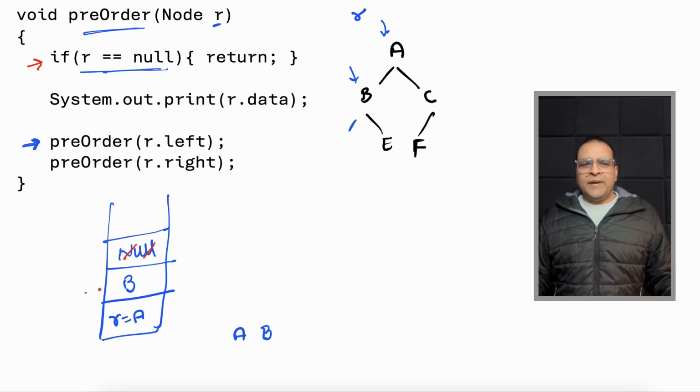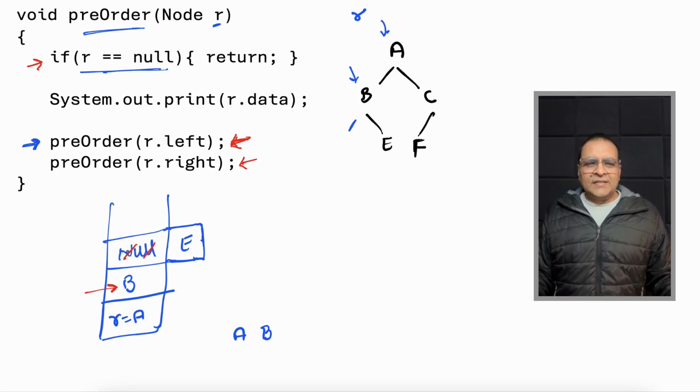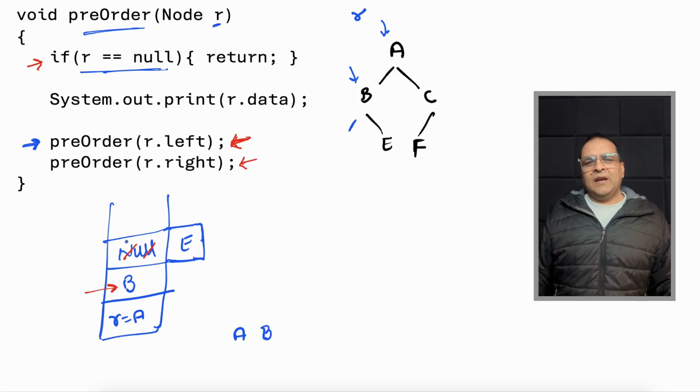So the function gets called for root equal to null, and then it does nothing and just returns. And the control comes back to the function where root is b. Now inside this function where root is b, we have already called the function for the left child. Now we will call the function for the right child of b. So when you call the function for the right child of b, the function will be called for root equal to e. I'm just drawing the stack frame of e next to the stack frame of null. This indicates that the stack frame of e will be created at the same position where the stack frame of null was there.